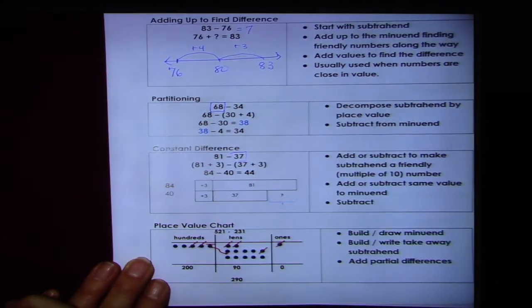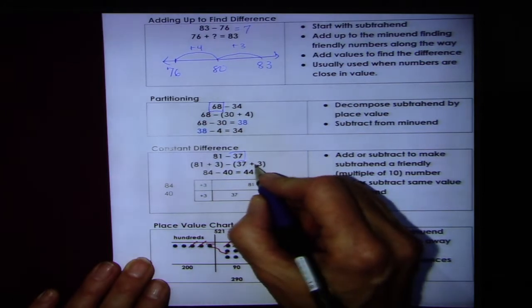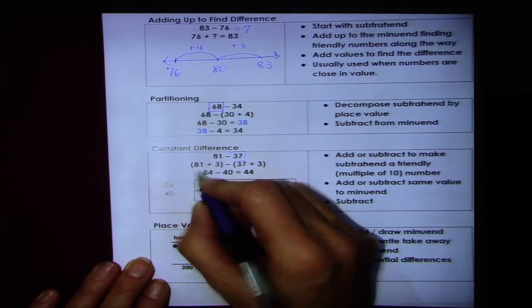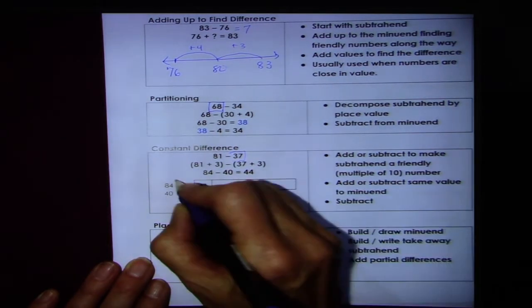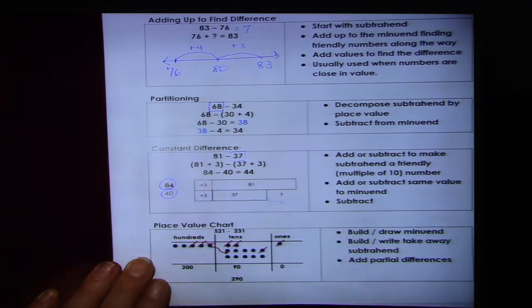Can I make 37 an easier number? For most of us, it would probably be 40. So I can add 3. If I add 3 to that number, what do I have to do to the other number? I have to add 3. So now I have 84 minus 40. Is that now a fairly simple subtraction problem?